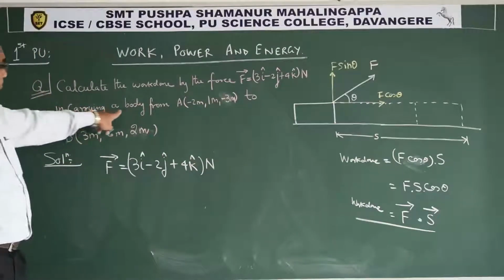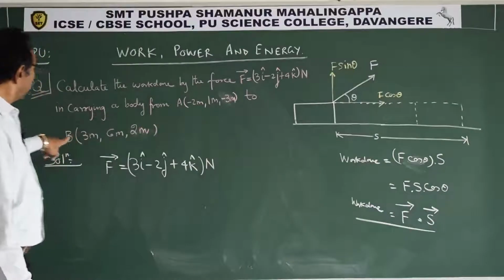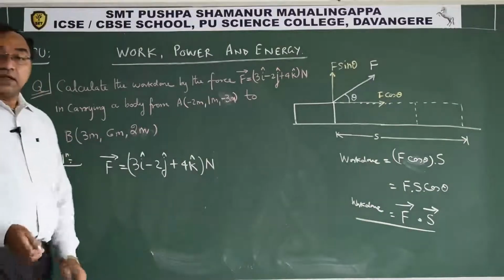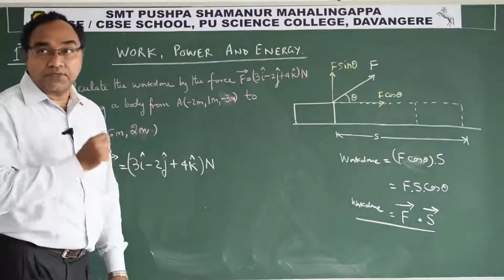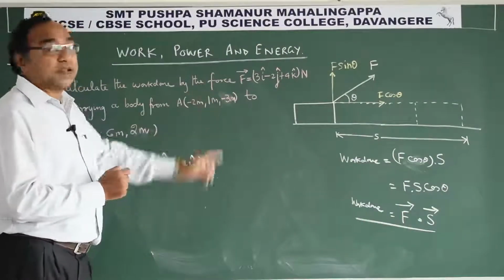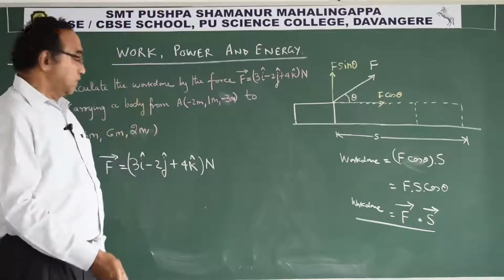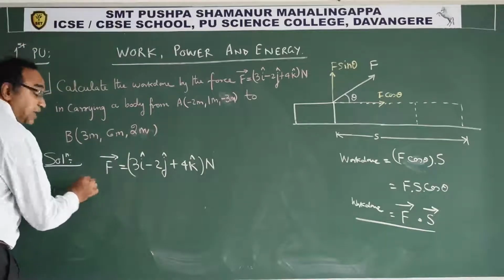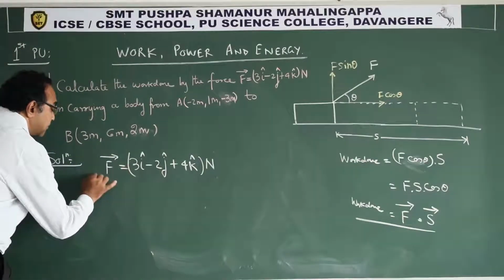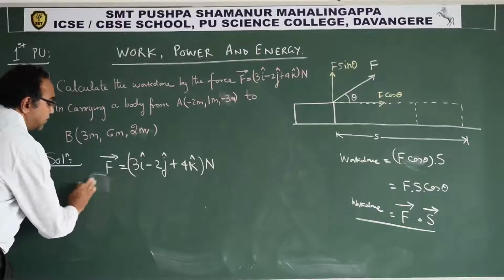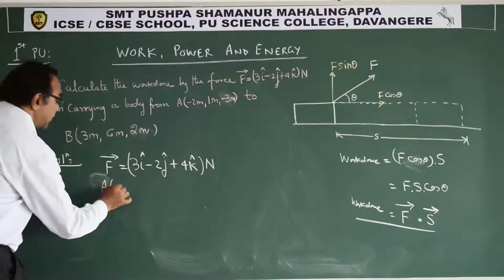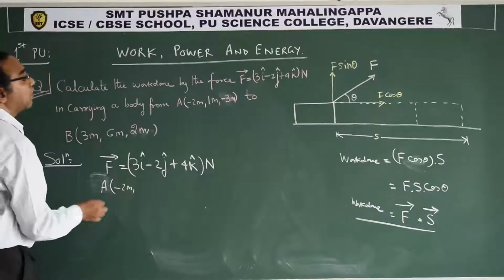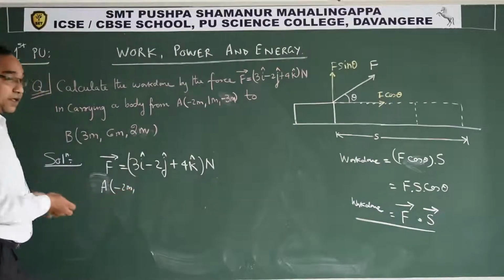Then in carrying a body from A to B, this means that the applied force F is displacing the body from A, the coordinates are given, to B. So initial point A is given as minus 2 meter. These are the coordinates. We can write it in the vector form.